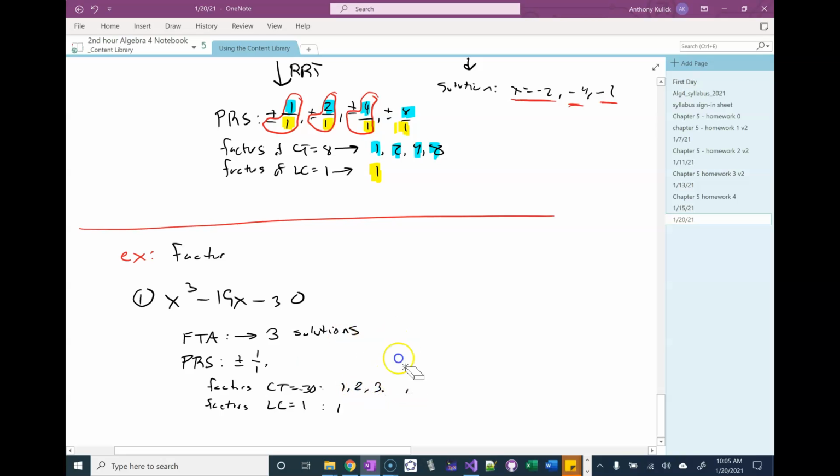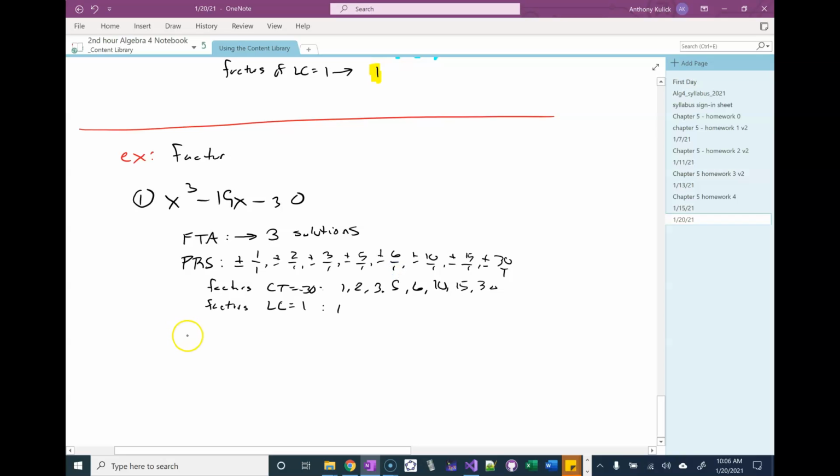We missed so many. 5, 6, 10, 15, 30. That's more like it. So that's my list of possible rational solutions. Yuck, that's like 20 things to possibly have to check by hand. We can narrow that down by looking at our graph.